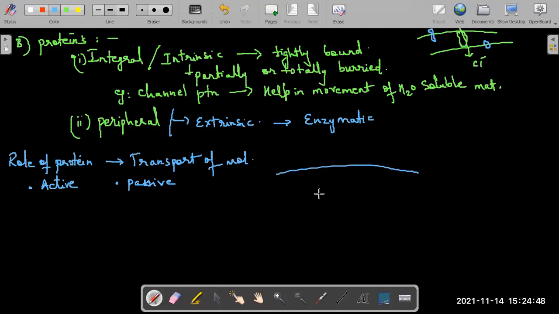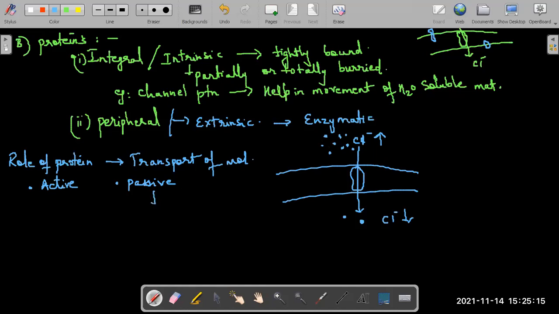For example, let's say across a protein there are many chloride ions here. Let's say the chloride ion concentration here is more, and inside the membrane it is less. So this chloride ion can easily move from a region of higher concentration to lower concentration.